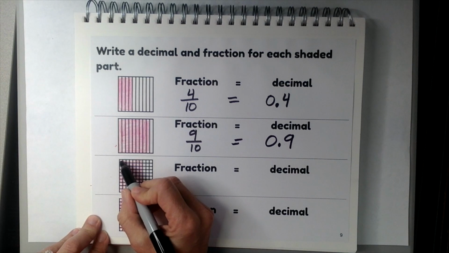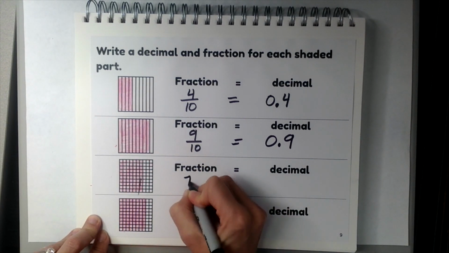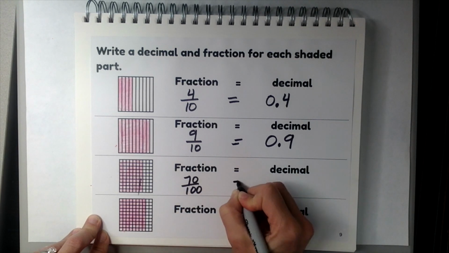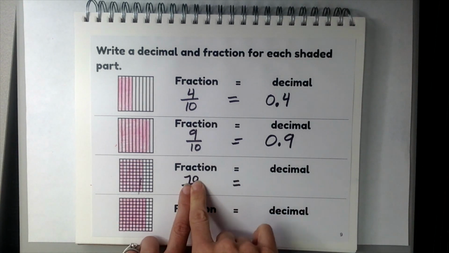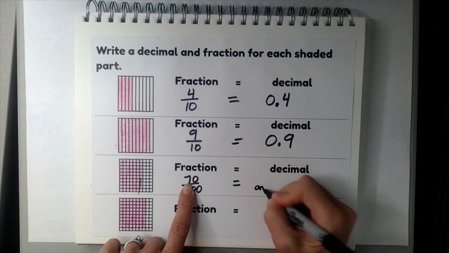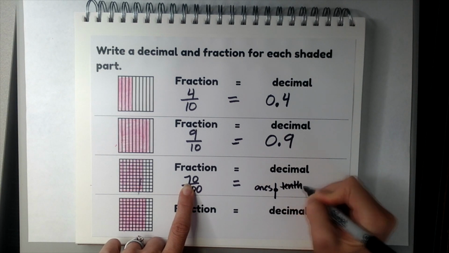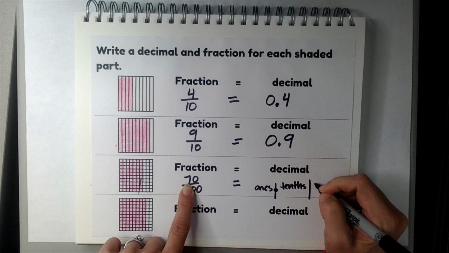Here we go. We have 10, 20, 30, 40, 50, 60, 70. 70 out of 100 equals, so look at this. This is where a lot of students get tripped up. So let's draw a little place value chart. Ones, decimal point, tenths, and hundredths.